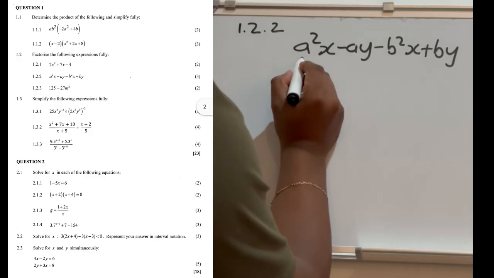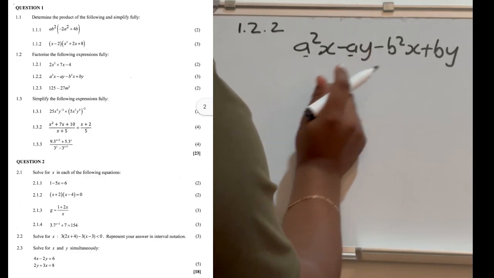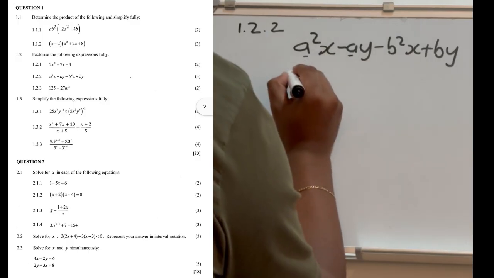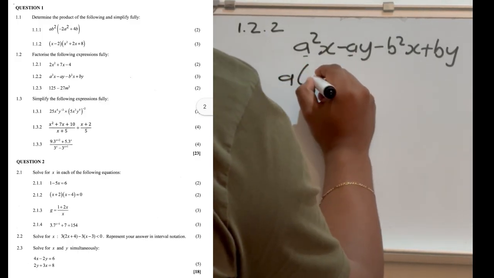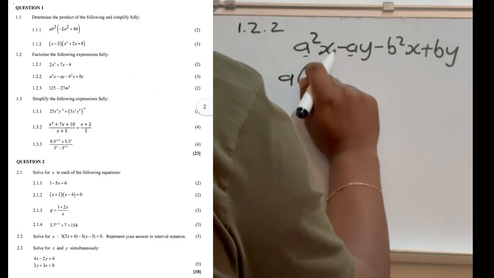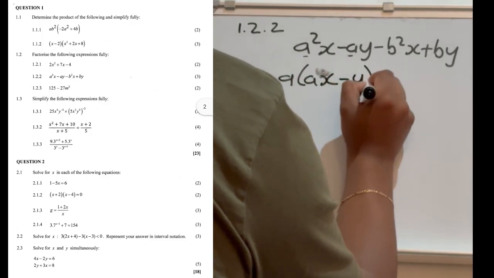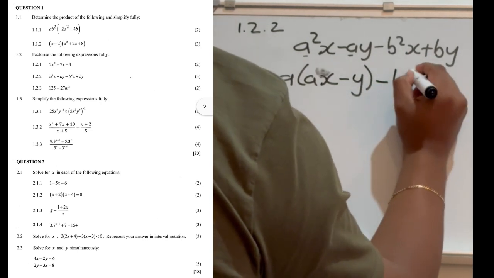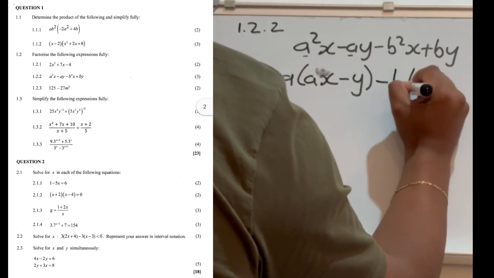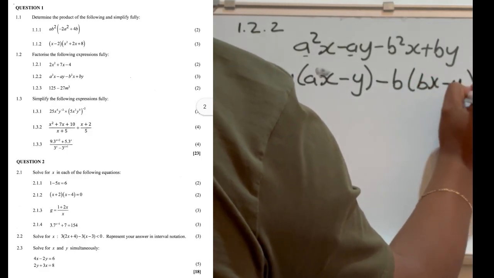Here we can take a out on this side. If you take a out, we're going to get a squared, ax minus y. And here, if you take a b out, we're going to get bx minus y.